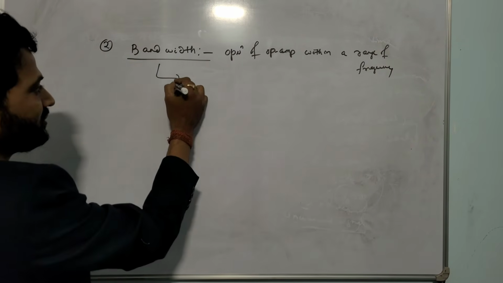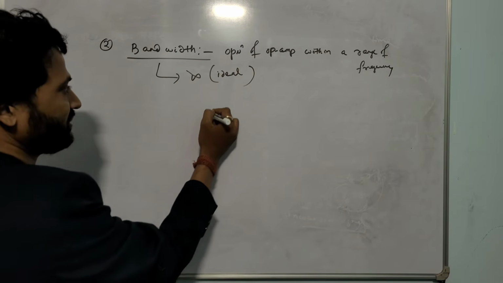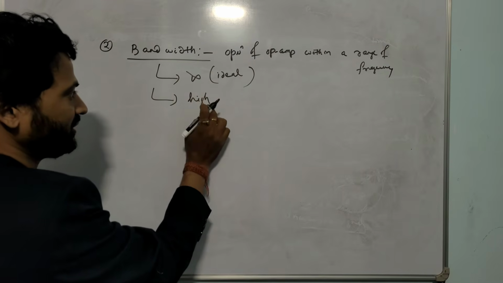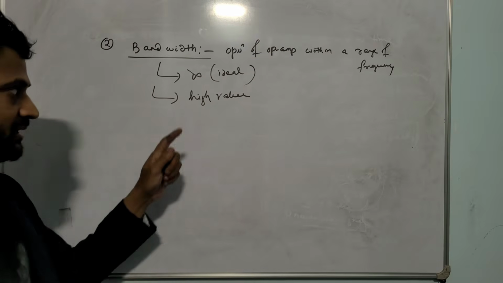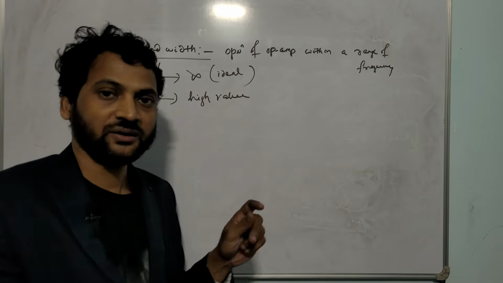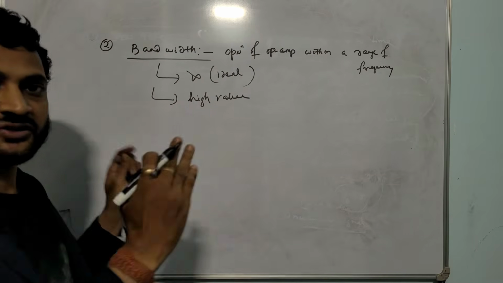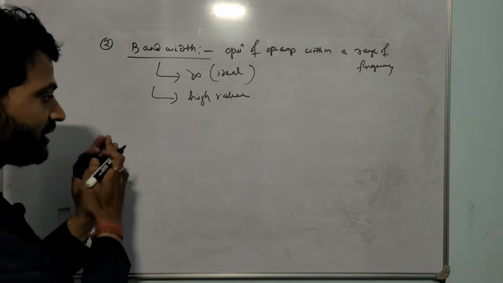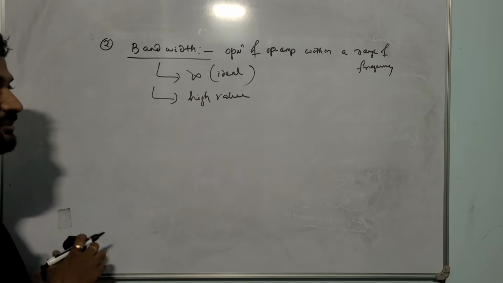So usually bandwidth is infinite in case of ideal operational amplifier, but practically it has some high value, not infinity, less than infinity, but it has some high value. So that means any kind of operational amplifier can operate within a maximum range of frequency. The range of frequency will be very high, मतलब it can operate with a high range of frequency. Are you getting my point?